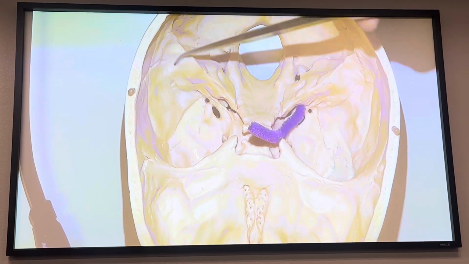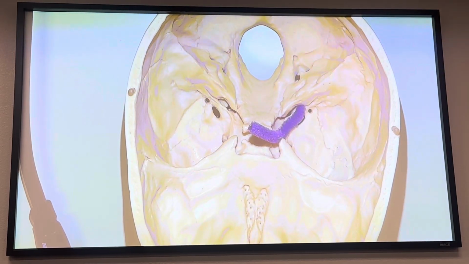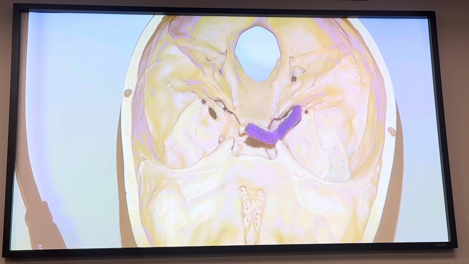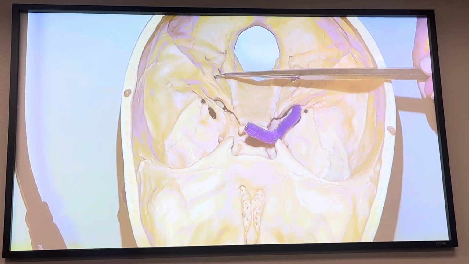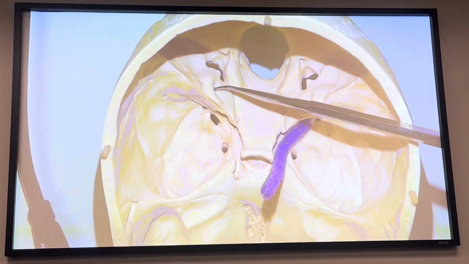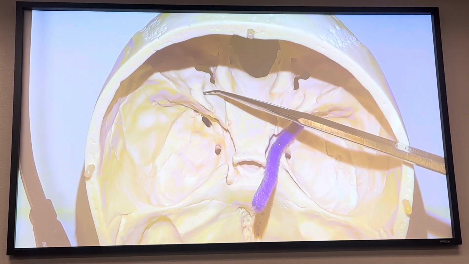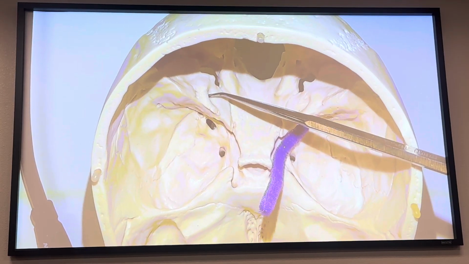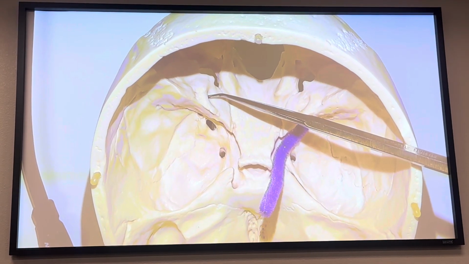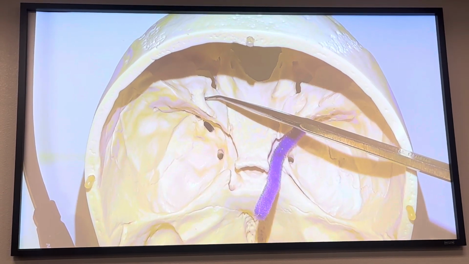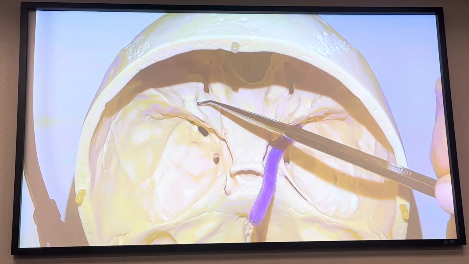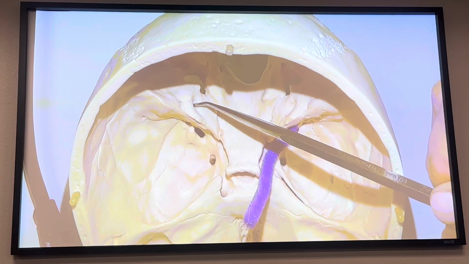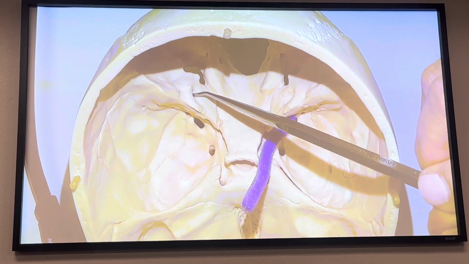If we had to knock that bone out, you're just landing right on the cochlea and the semicircular canals. So that said, this hole right to the back side of that region is your internal acoustic meatus. So the internal acoustic meatus takes us to the inner ear that contains the cochlea and the semicircular canals.